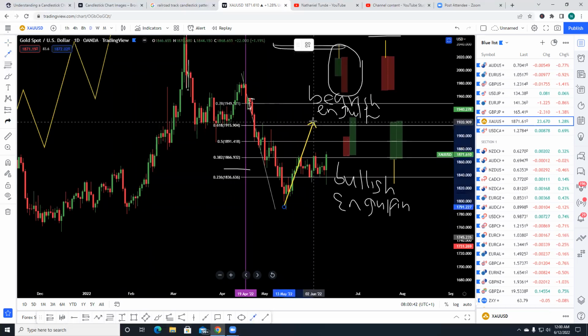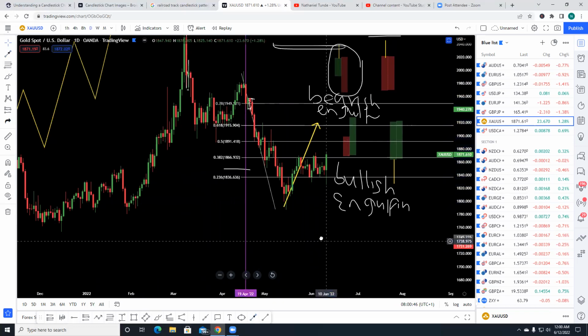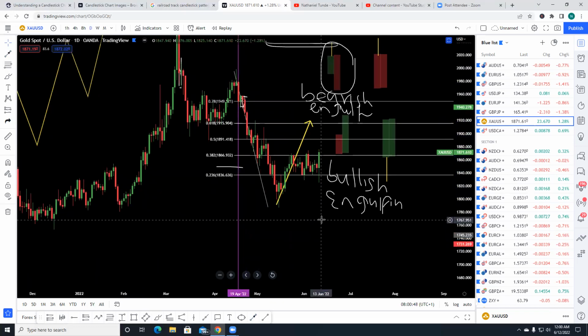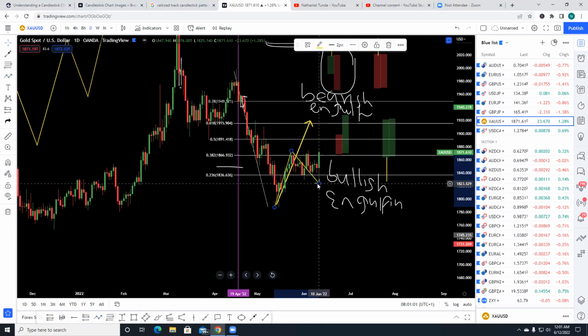To 50 to 61.8. That's number one. Number two, I want to be able to define the correction that gets to that area. And right now, real quick, guys, I'm already trying to figure out this impulse, this correction, this another impulse to get here.